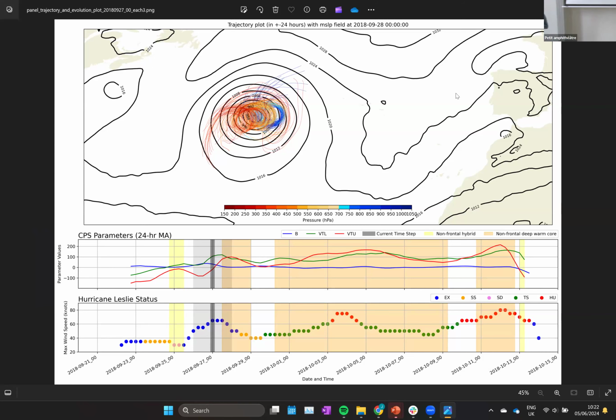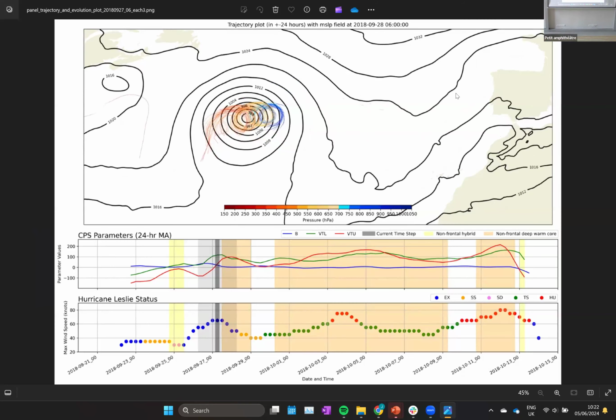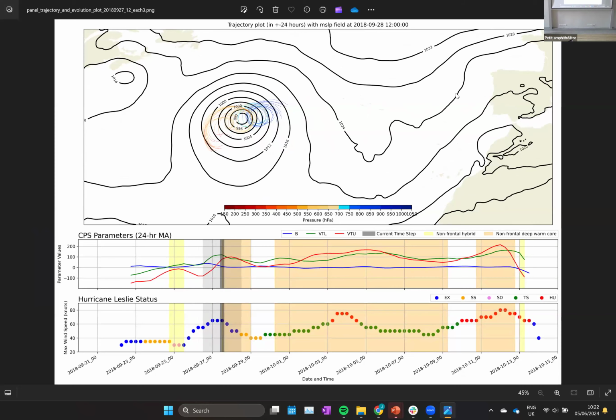But thanks to the Lagrangian trajectories, we can infer that the circulation is mainly horizontal and not vertical, so all of the trajectories are removed. This is a good method to say that this is a warm seclusion: we are seeing a deep warm core, but it is a warm seclusion because the circulation is mainly horizontal rather than vertical.